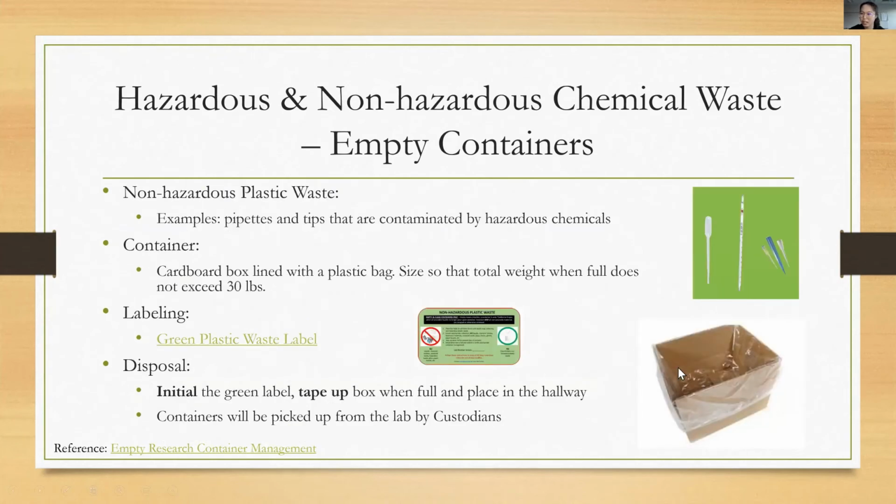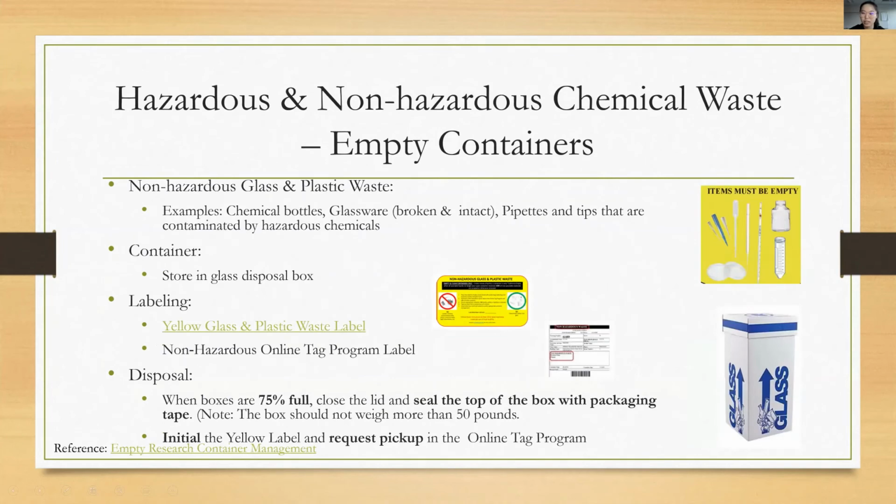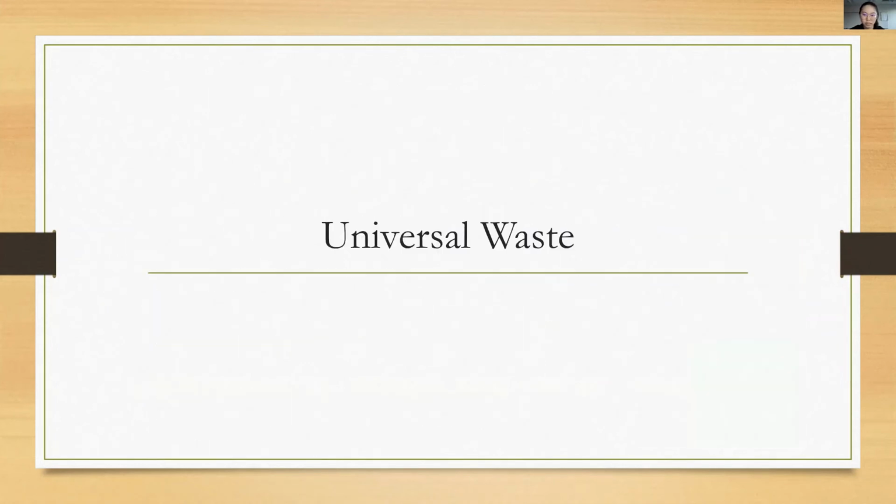But for us, just for convenience, we can just use the yellow labeled glass and plastic waste container. Okay, so that concludes everything we need to notice about chemical waste. I know it is the most complicated to deal with. If you have questions, you can always refer back to the slides, or you can ask me or Douglas for help.